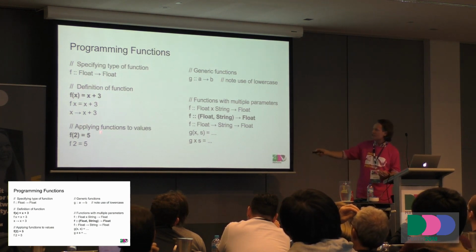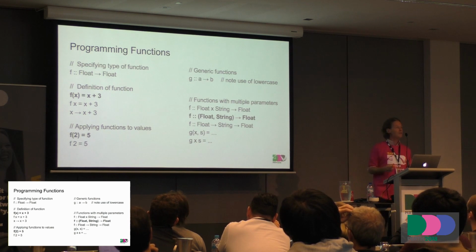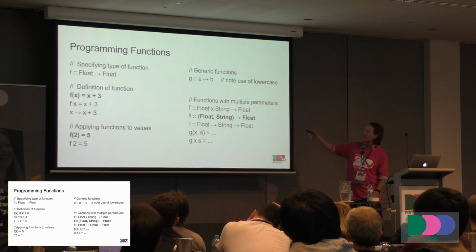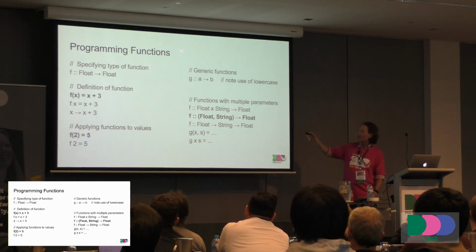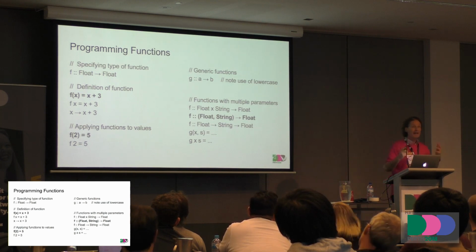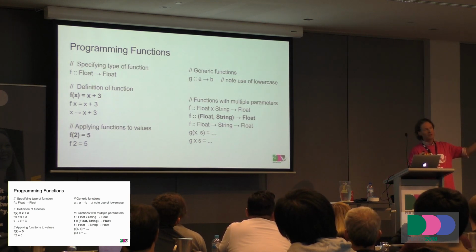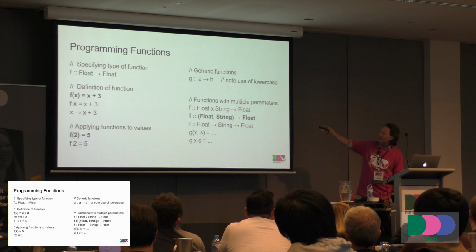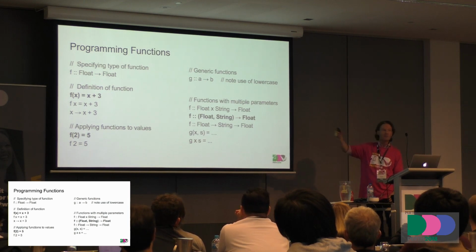We can apply the function in a similar way, and we have similar concepts. We go further in functional programming to allow things like generic functions. If you see here in this function definition of G, it looks like they're variables. Well, they are variables, but they're variable types. If you see a lowercase letter in a function definition, it means a variable type rather than a variable value.